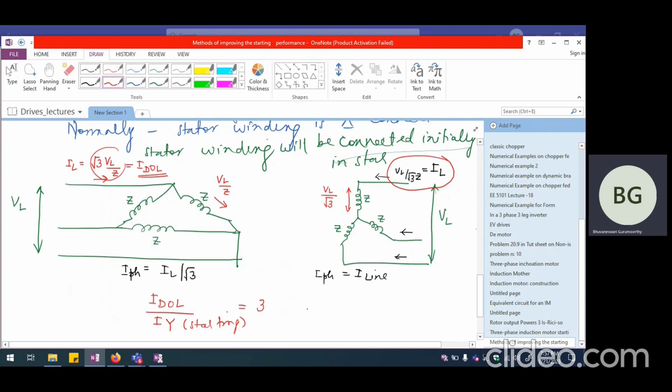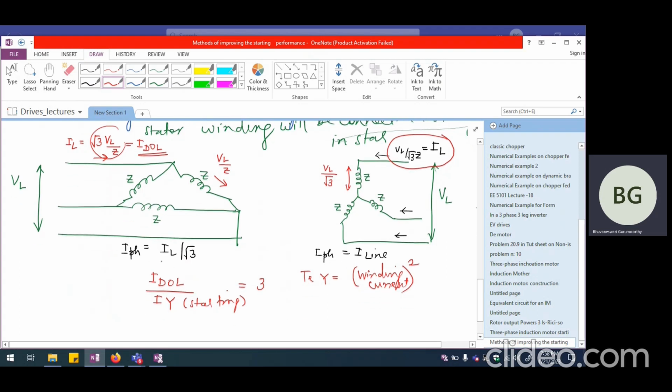And what happens to the torque? The torque in star condition will be, whatever is the winding current in the star and delta, I have to compare both of them, whole square. That is what is going to give me the kind of torque that is being generated in star condition vis-a-vis delta condition.